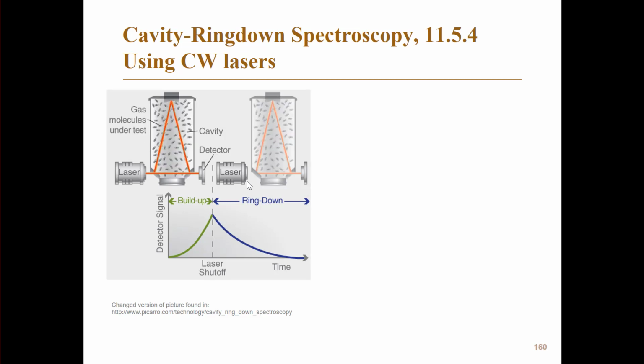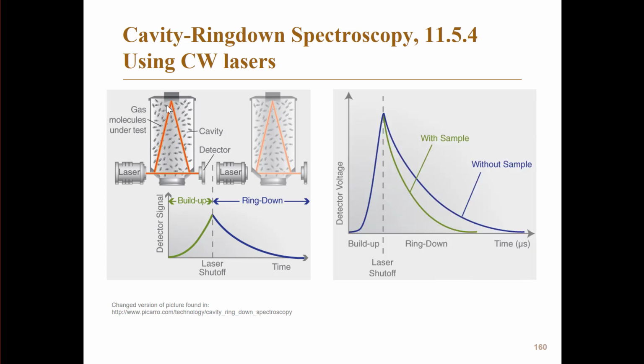Okay, but if we now have some molecules inside this cell here, that means that we will increase the losses. And if we increase the losses, that means that our ring down time will be shorter. So we build up our intensity, and then we turn off the light, and without a sample we have a long ring down time, but with an absorbing sample we have a shorter ring down time.